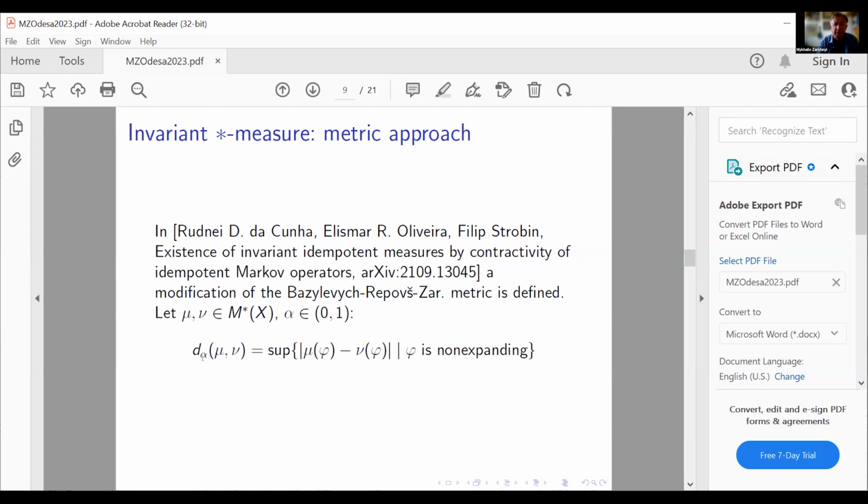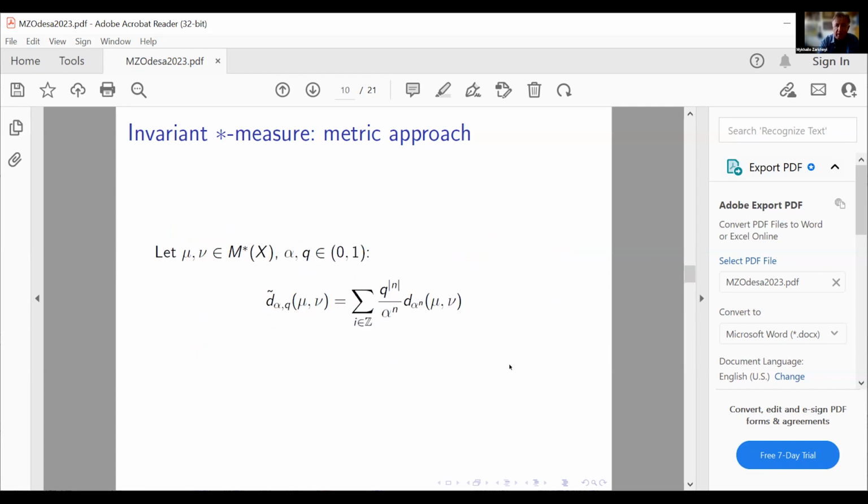So we define d sub alpha of mu, nu as the supremum of the absolute value of the difference, such that phi is a non-expanding function, or Lipschitz function with constant 1.